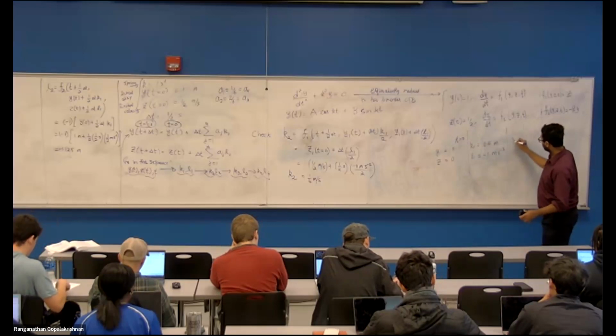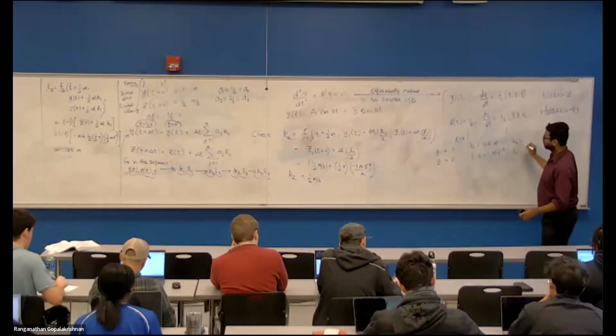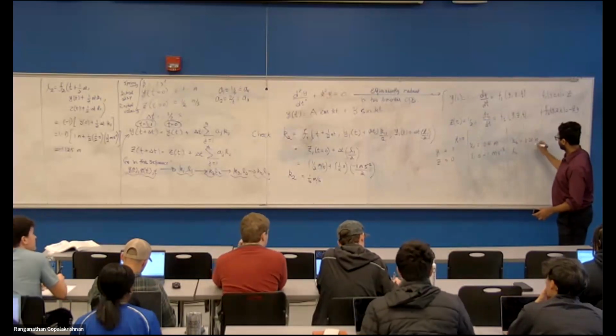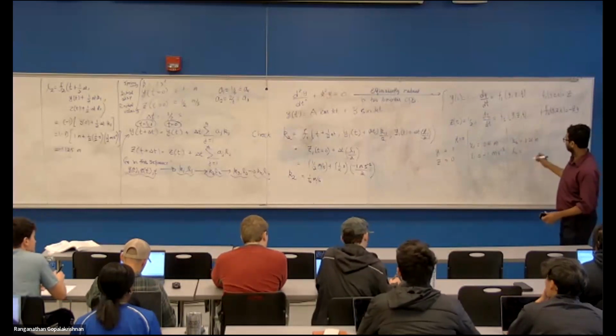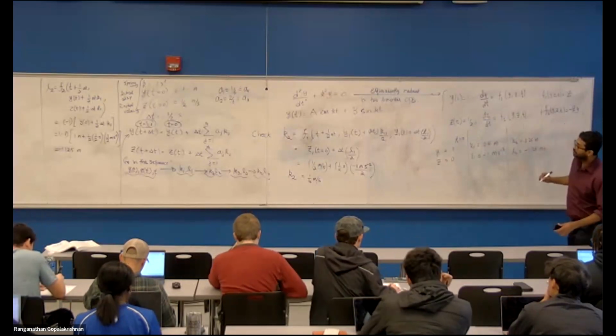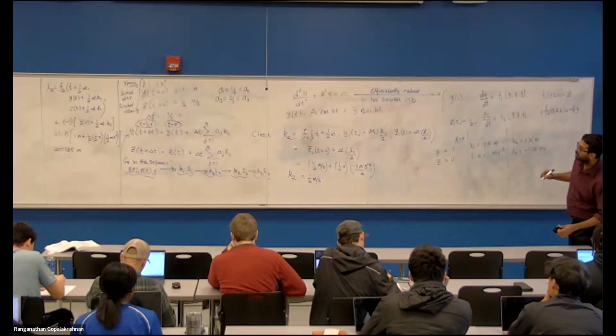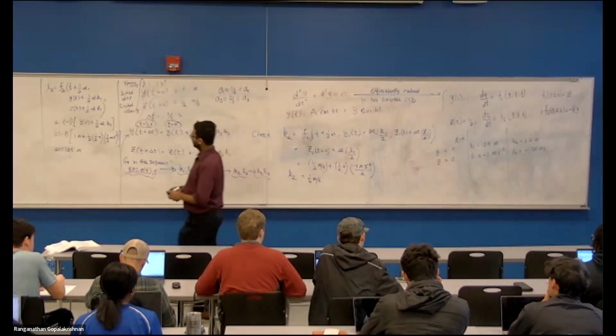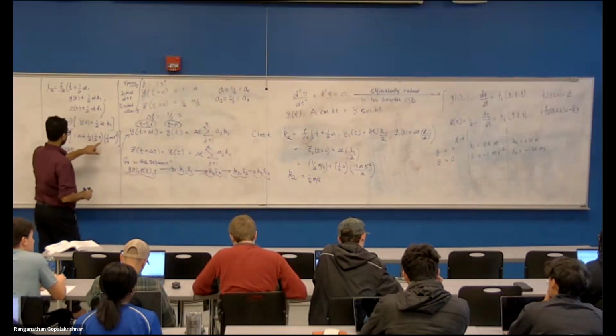And then I have K2, L2, K2 being 0.25, and L2 being minus 1.125 meter per. Yeah, it's just meter.